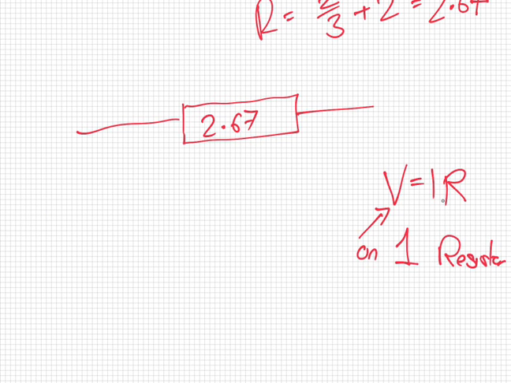You're looking at the voltage between A and B when it's on one resistor. Students sometimes make mistakes using this formula, so use Ohm's Law when you're dealing with one resistor.